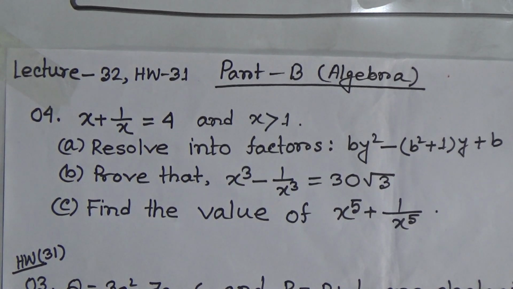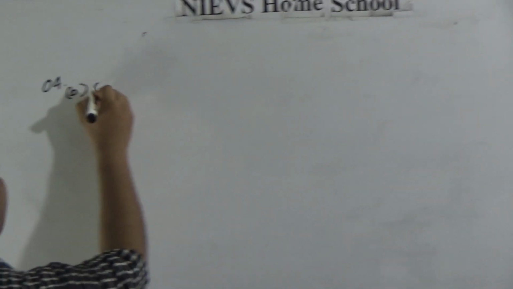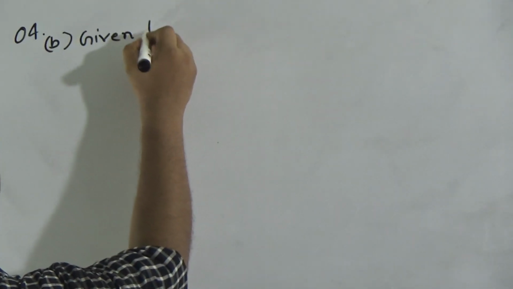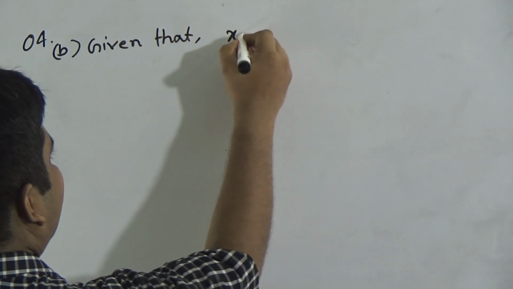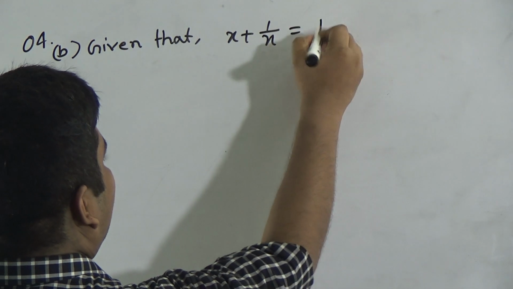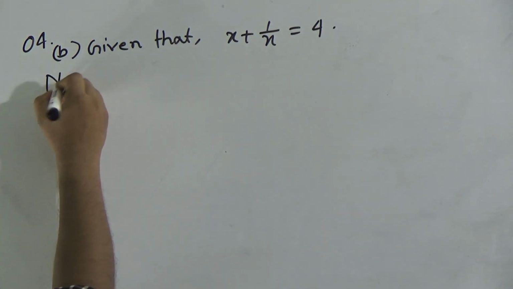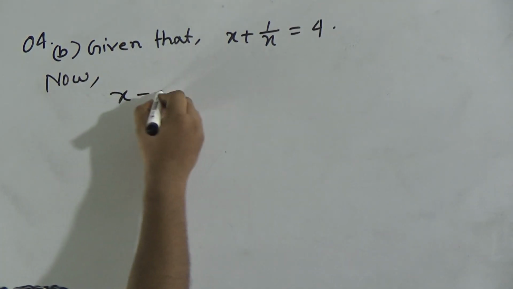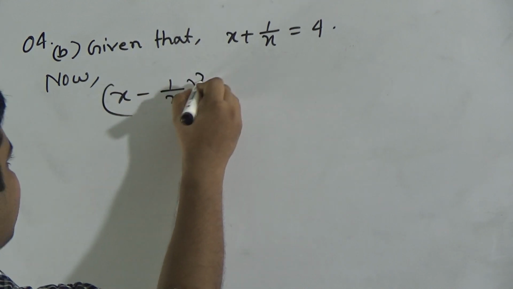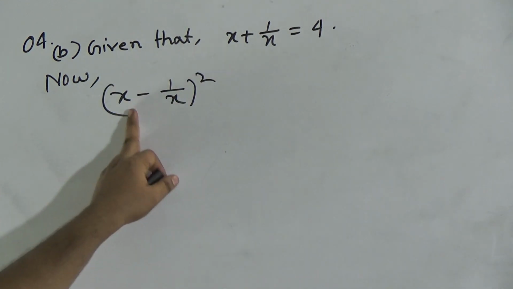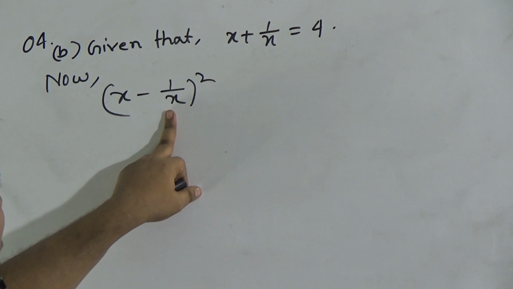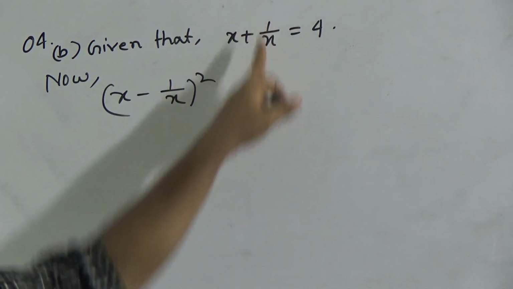So how can we do it? First of all, write given that x plus 1 by x equals 4. Now x minus 1 by x whole square. So what is the formula of x minus 1 by x whole square in terms of x plus 1 by x?